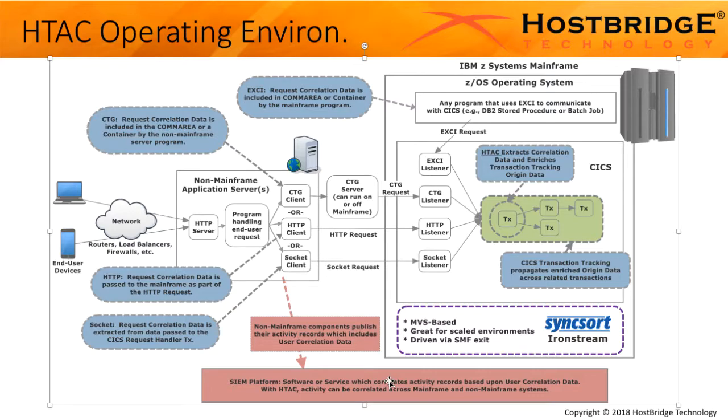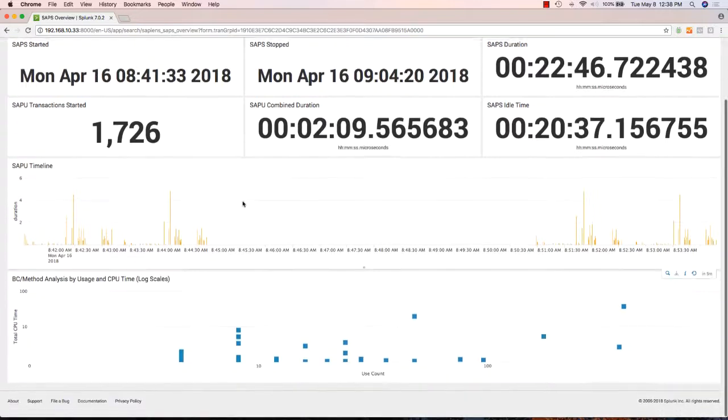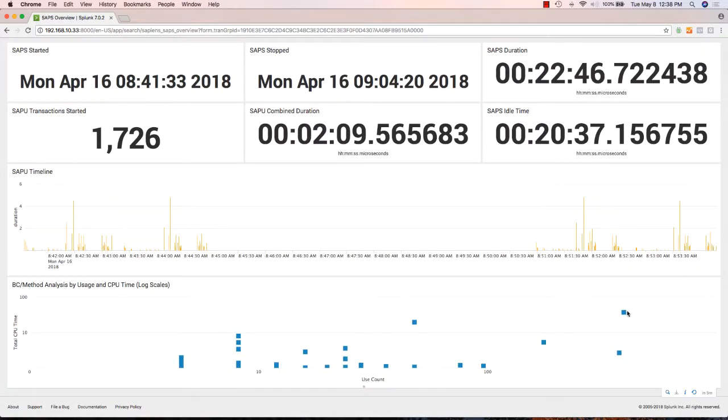So without HTAC, they would not have this kind of visibility into the load being created by a given user.